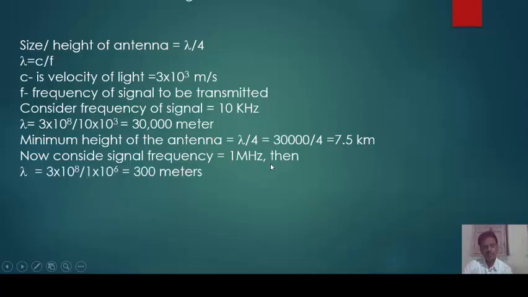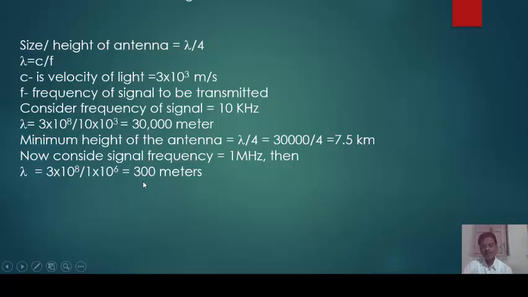Then the lambda is equal to 3 into 10 raised to 8 divided by 1 into 10 raised to 6. 1 megahertz means 1 into 10 raised to 6. And here C is equal to 3 into 10 raised to 8. This formula. Okay. And 1 megahertz is the frequency that is equal to 1 into 10 raised to 6. And this calculation gives 300 meters.